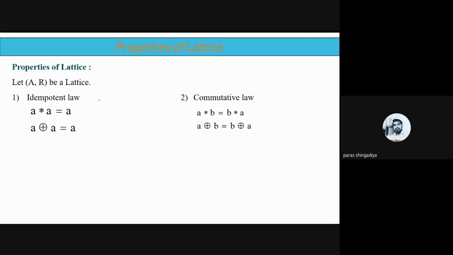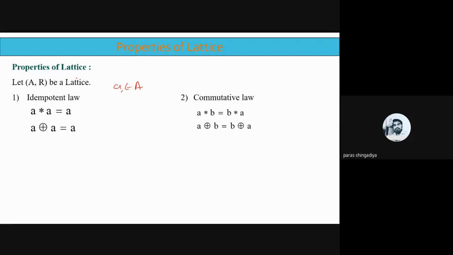Clear? So what does it mean? Consider A belongs to the set, and find A star A. What is the meaning of star? It is known as a GLB. And what is the meaning of ring sum? It is known as a LUB.